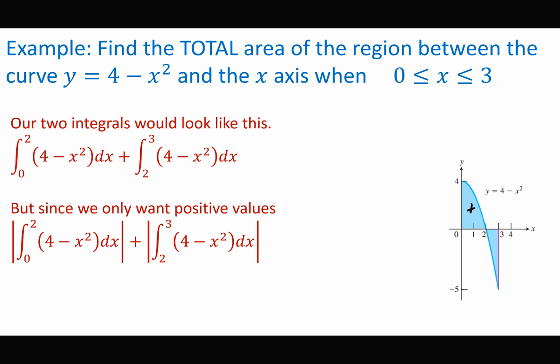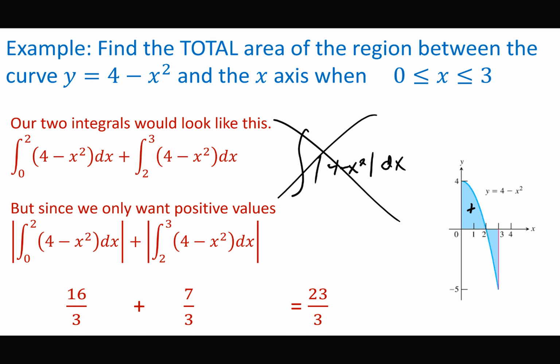If you simply put the absolute value bars and then do your integral all on the inside, do not do the absolute value of just this. Don't do that. Okay? It's not the absolute value of the function. It's the absolute value of the entire integral. All right?